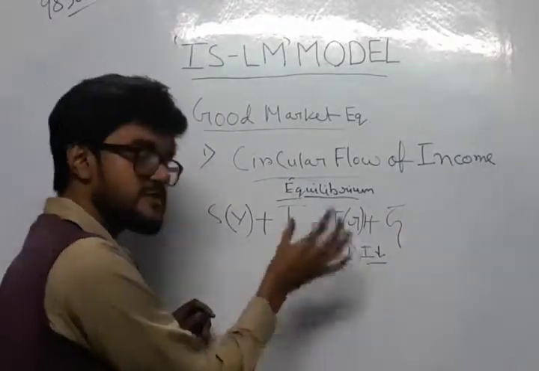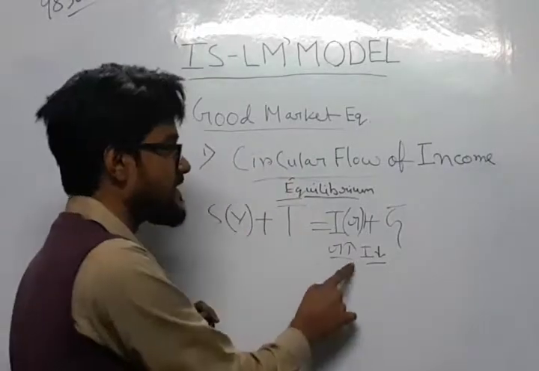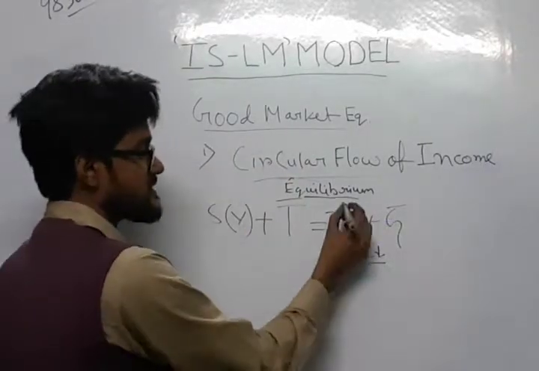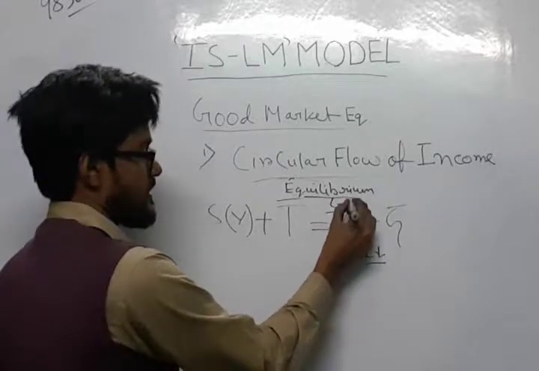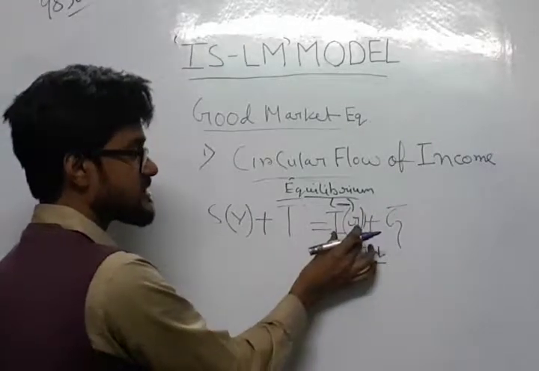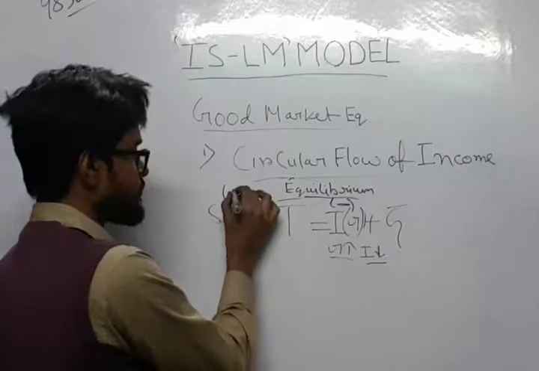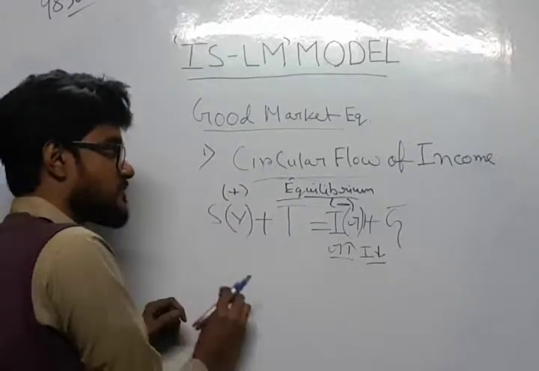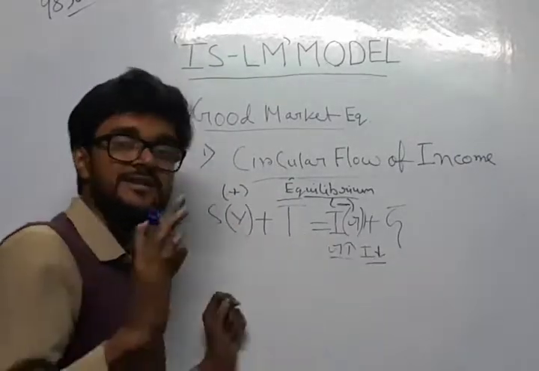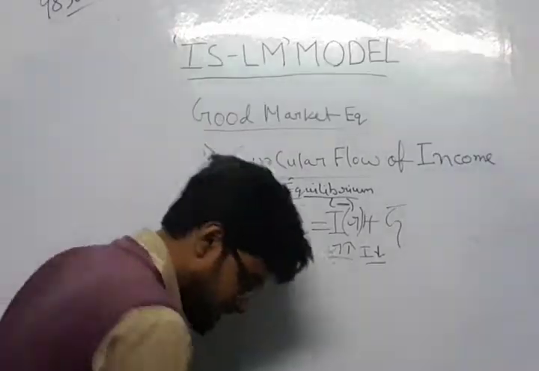So there is an inverse relationship between R and I. I'll denote it by negative because the relationship is negative. I'll denote the other by positive because the relationship is positive. And here T and G, they are exogenous variables.